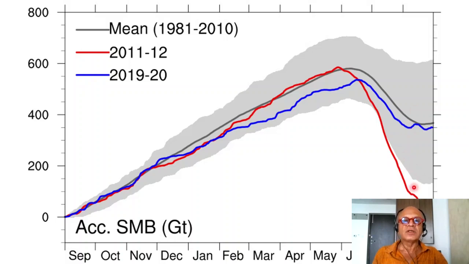So 2011-12 was the record low, and 2021 was the second lowest over the same period. Here is 2019-2020. So there is interannual variability in the ice loss.